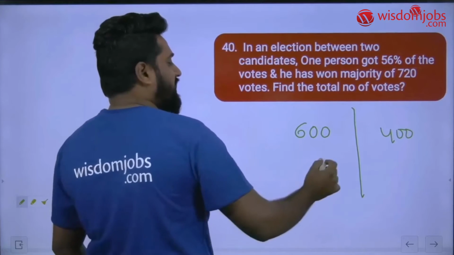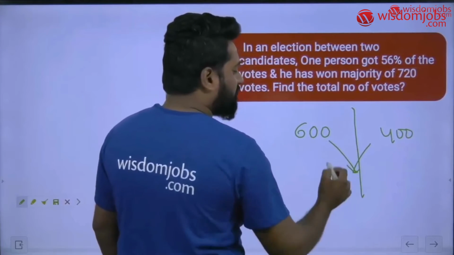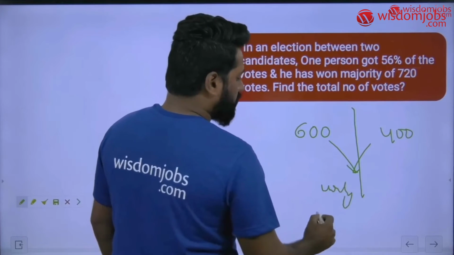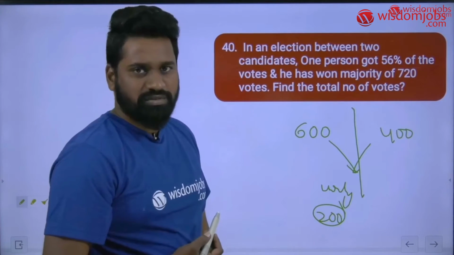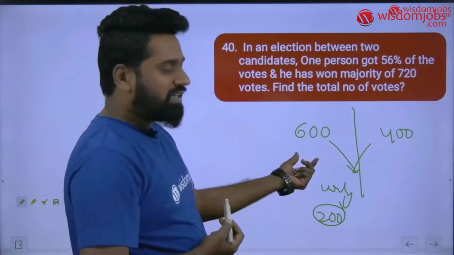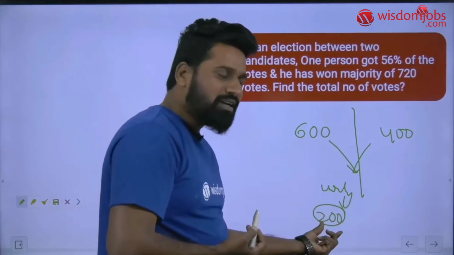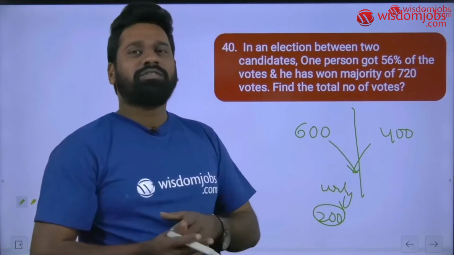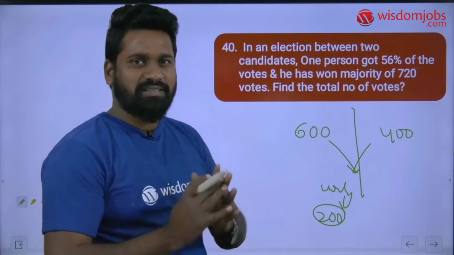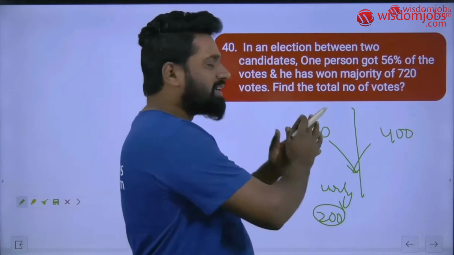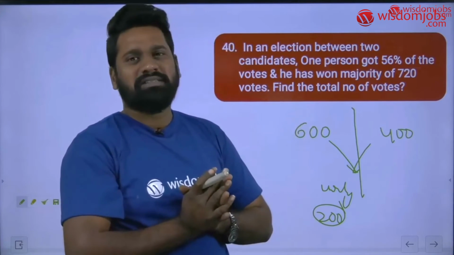Now, I am saying that the first person wins by 200 votes, wins with a majority of 200 votes. Is it the same or not? Here the majority is nothing but the difference of votes between 2 persons. Is it clear? All of you understand the statement, right? Here understanding the statement is important. That gives you the answer.